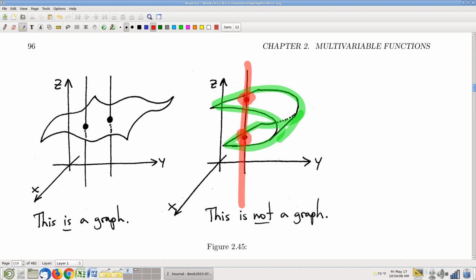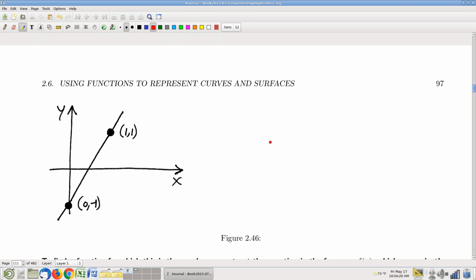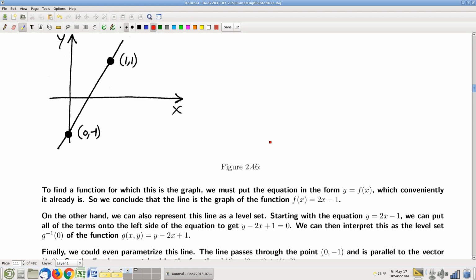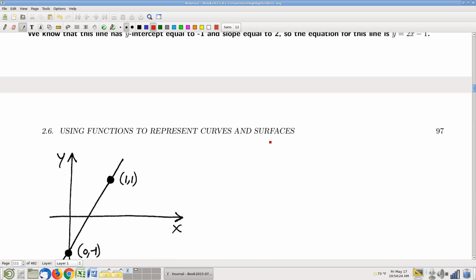So that's not a graph. Everybody see, it's the same idea, just applied with two input variables, and likewise the other ways. Okay. Cool. Okay, so there's two examples in here that I want to do. Okay, so we're going to start with this one.